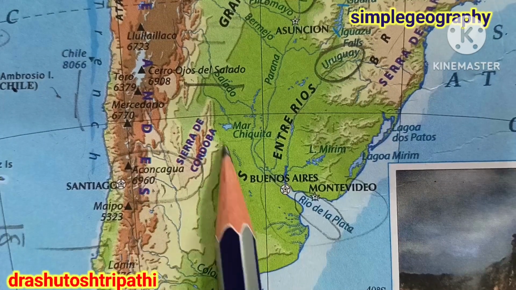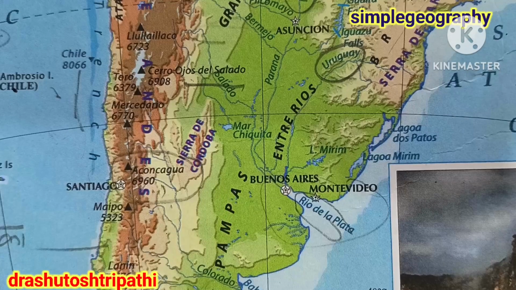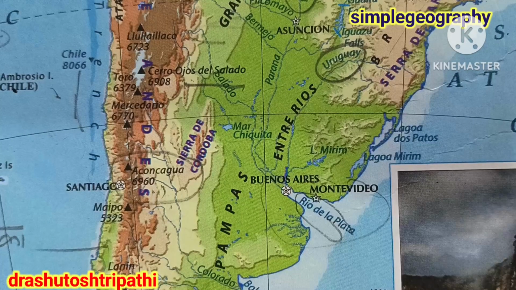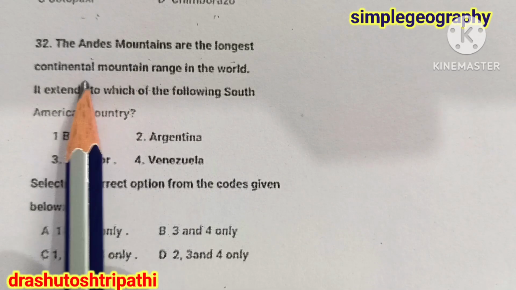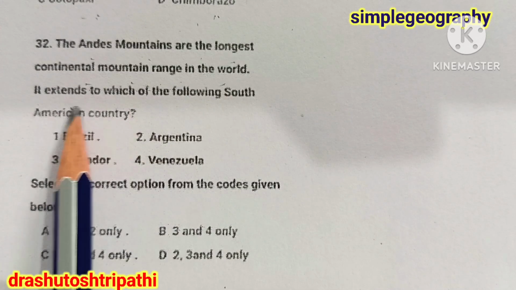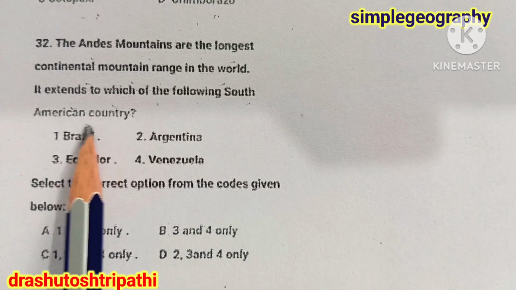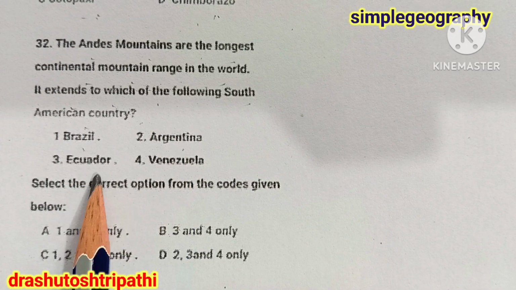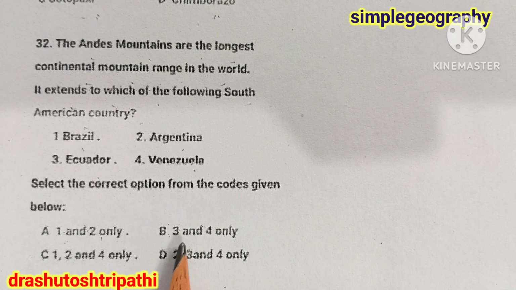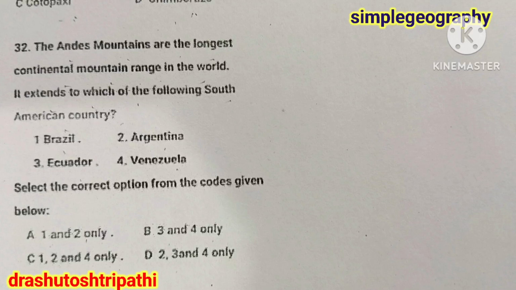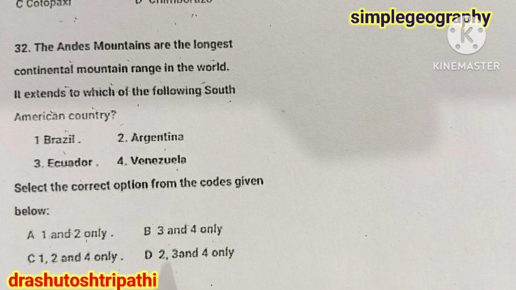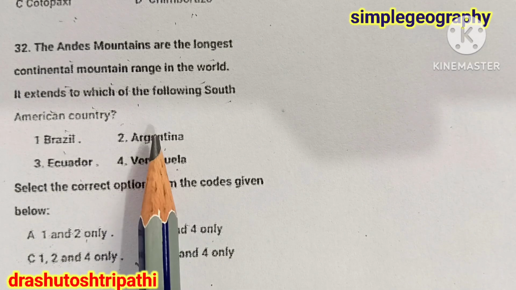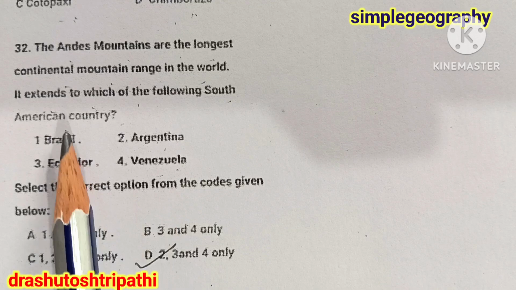And Aconcagua is located in which country? That country name is Argentina. Andes mountains are the longest continental mountain range in the world. It extends through which of the following South American countries? 1. Brazil, 2. Argentina, 3. Ecuador, 4. Venezuela. 1 and 2 only, 3 and 4 only, 1, 2, 4 only, 2, 3, 4 only. The answer is 2, 3, 4, meaning Argentina, Ecuador and Venezuela.